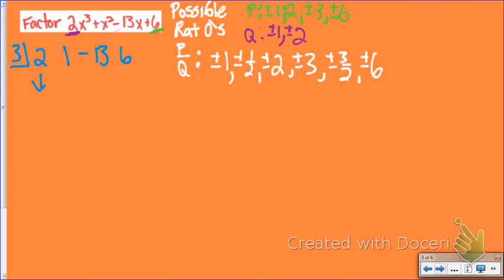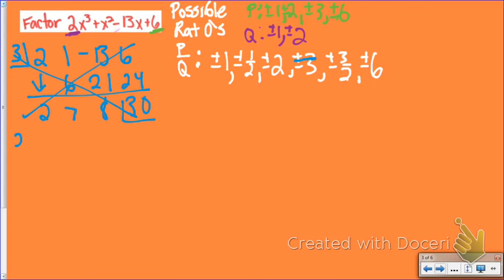And I know this is going to work if I get 0 for a remainder. And I did not get 0 for a remainder, I got 30 for a remainder. So that means that 3 is not a 0 of this equation. x minus 3 then is not a factor. So I don't have to worry about that one anymore. Now it could still be negative 3, but let's just try a different number.